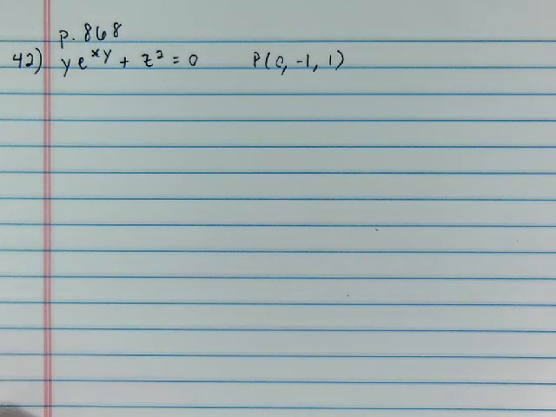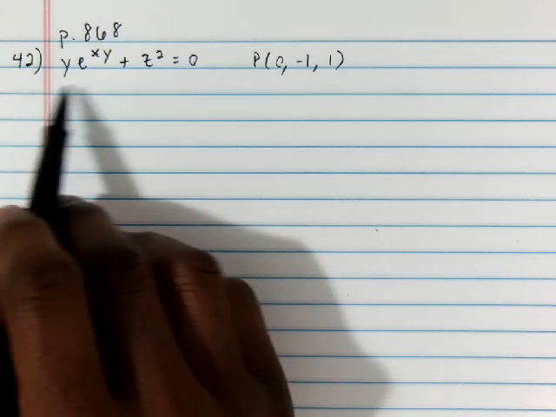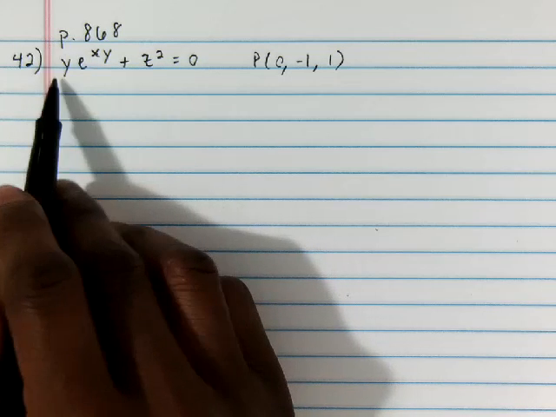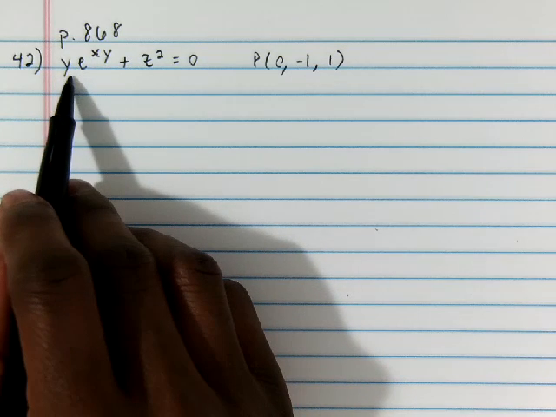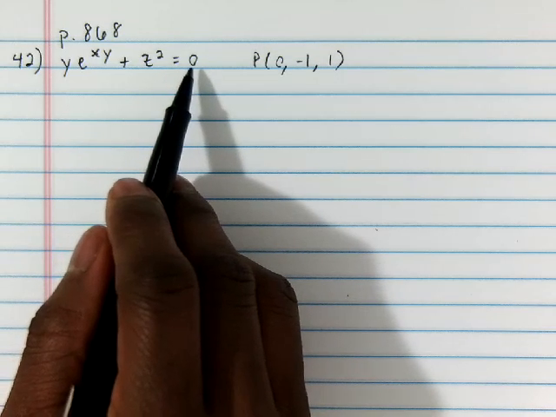So if you contrast this with problems 31 through 38, those particular problems you're given f of xy equals some function of x and y, of course, whereas here we have a function of x, y, and z equals some constant.